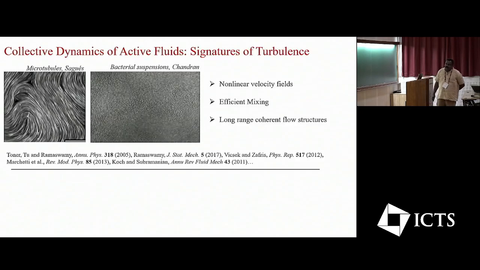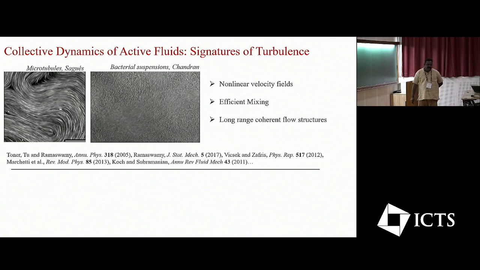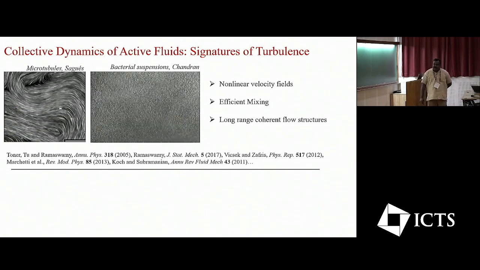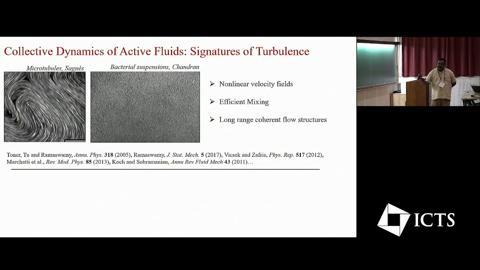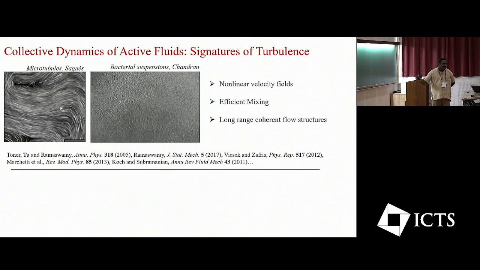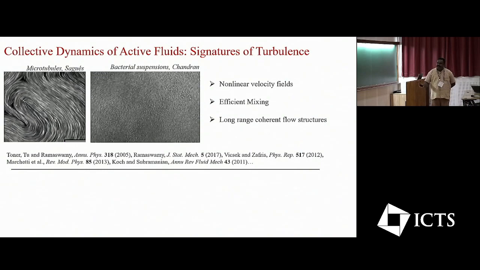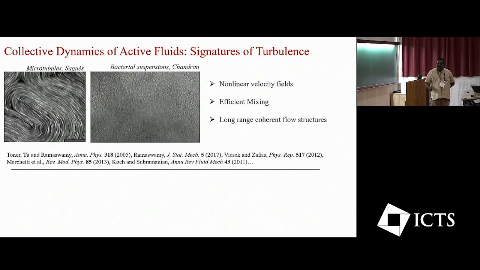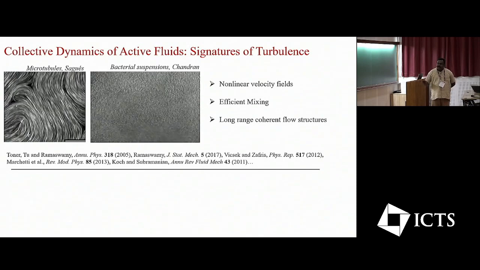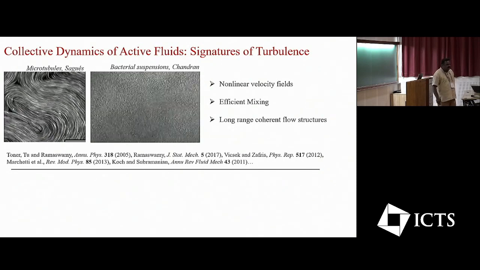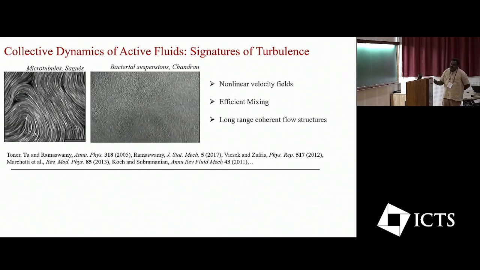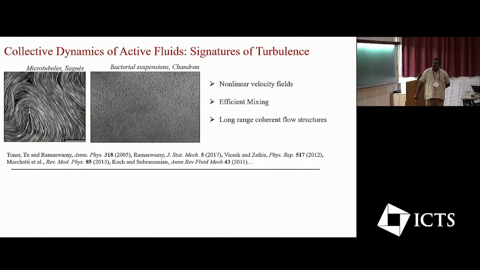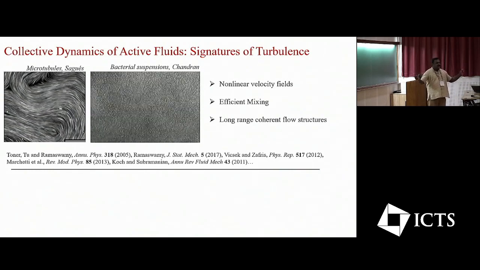So with that, let me quickly give a background. I think this audience doesn't need a lot of discussion on active matter or collective dynamics. But when you have a dense active fluid, collective dynamics has been seen across various scales, and various work has indicated signatures of turbulence in such collective dynamics, starting from nonlinear velocity flows and efficient mixing of components, and the existence of long range coherent flow structures.